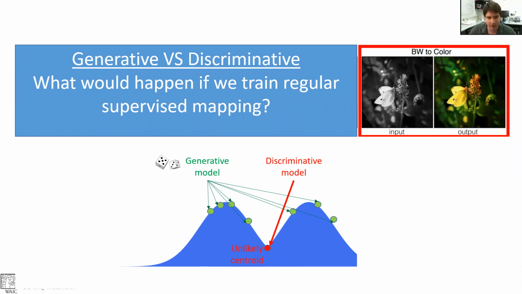But in many cases, and these are the cases where we choose to use generative models, this can be an unlikely centroid. For example, I know there are gray butterflies, but let's say I have chess figures. They're either black or white, and I'm trying to color them.